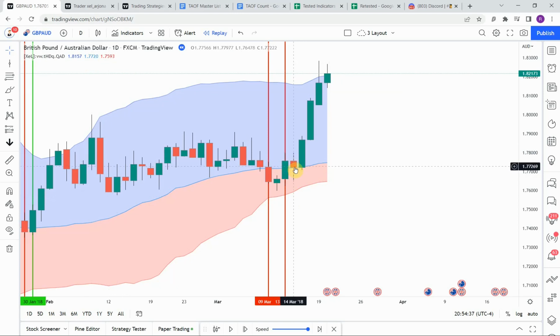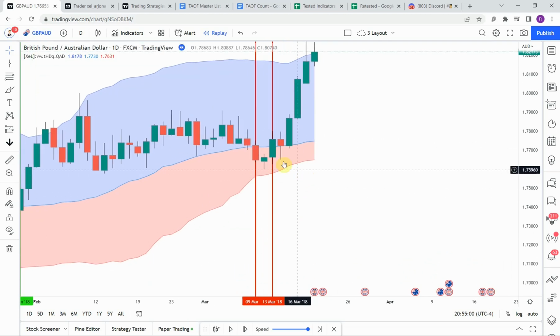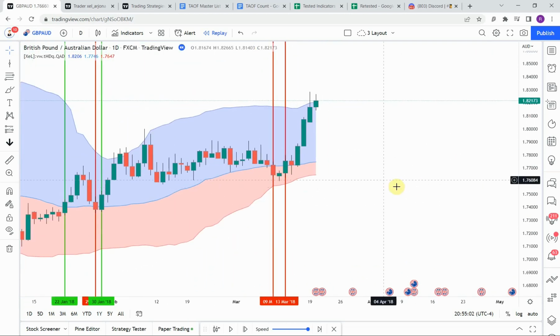If I mouse over this candle, the middle line is the center line, I guess you can call it, and that's at 1.7720. That candle closes at 1.77222, so we were above that when it closed. It does not close back down below.